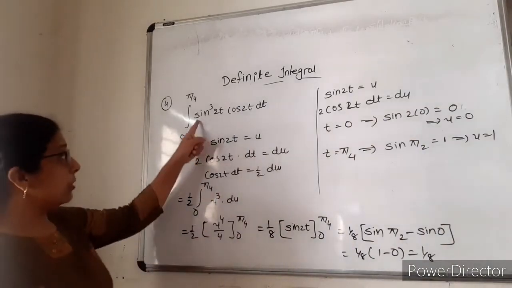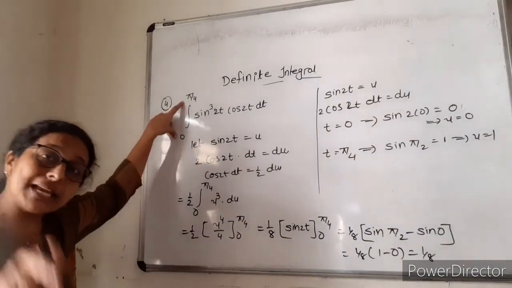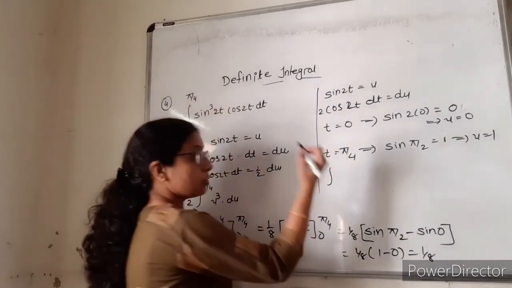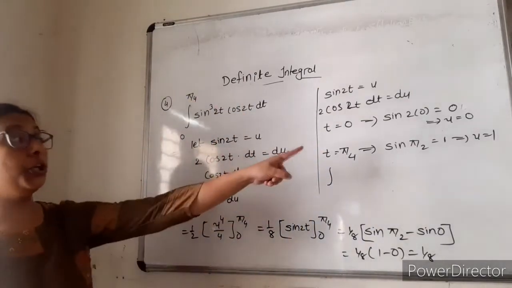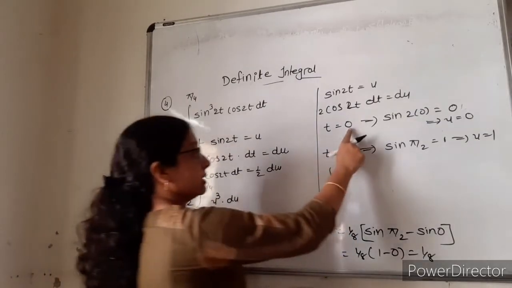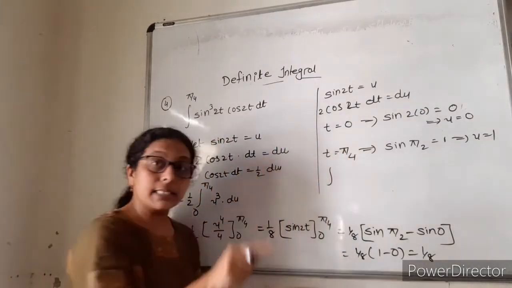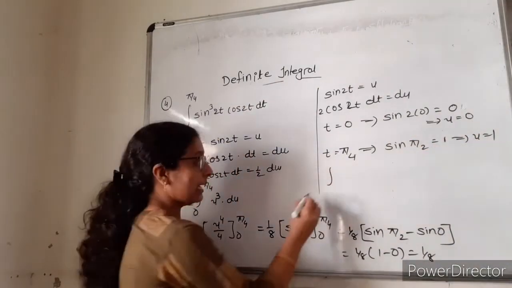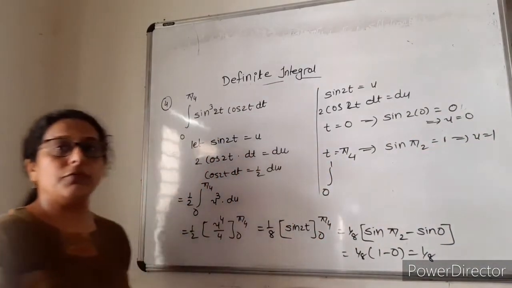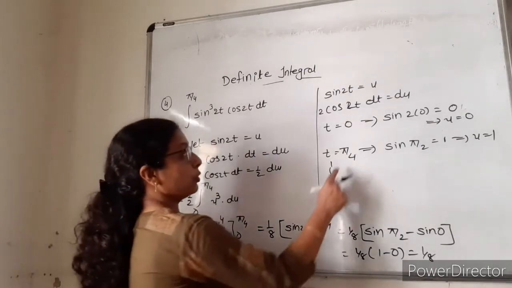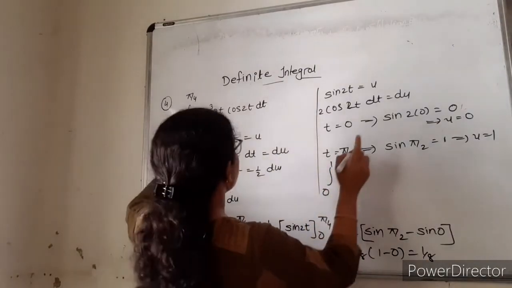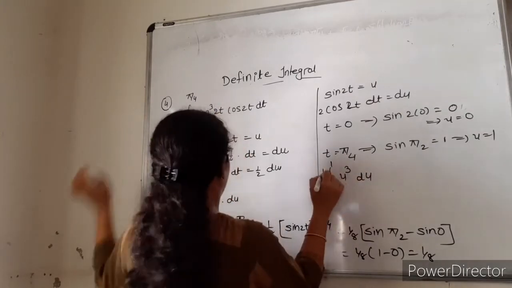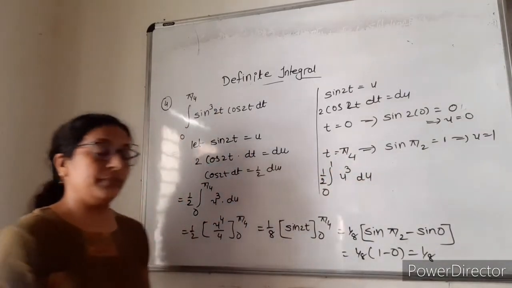So instead of the same limit, when we take this substitution, we also change the limit for u. Instead of 0 to pi by 4, we'll take 0 to 1. Here it is u cube du, and here it is 1 by 2.